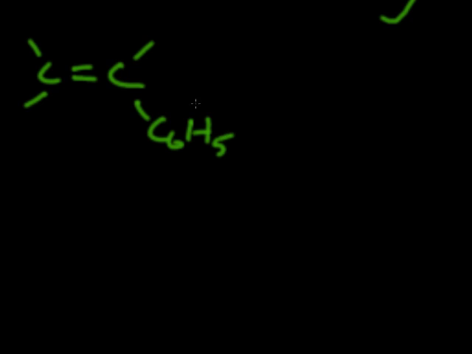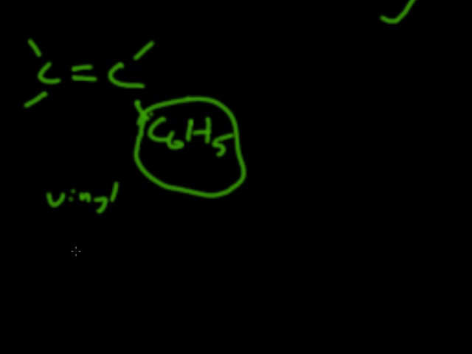But this one's got a whole little carbon ring down here. It's a C6H5. That's a benzene ring. So polystyrene is actually also known as vinyl benzene or ethynyl benzene.